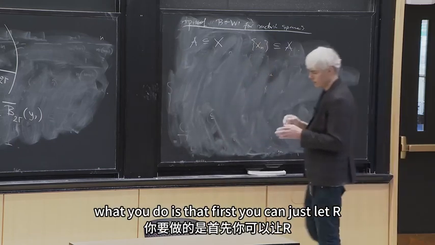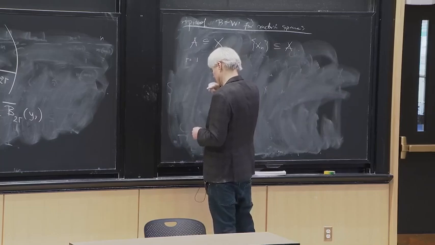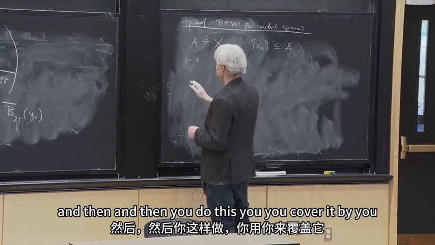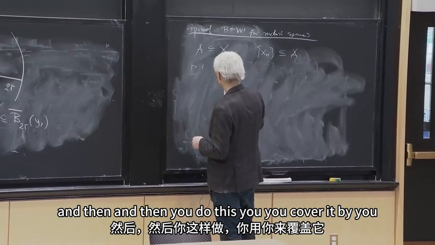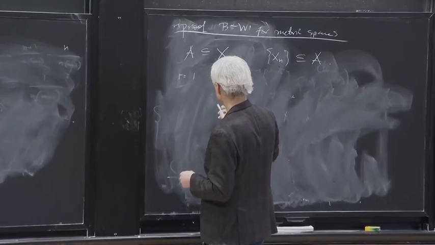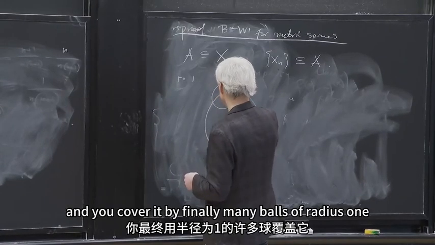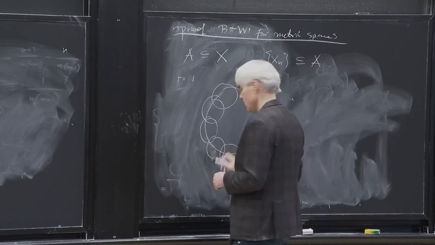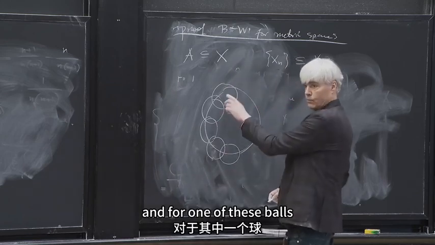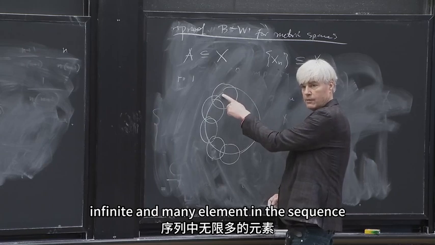What you do is that first you let R be equal to 1. And then you cover A by finitely many balls of radius 1. And for one of these balls, there are infinitely many elements of the sequence.